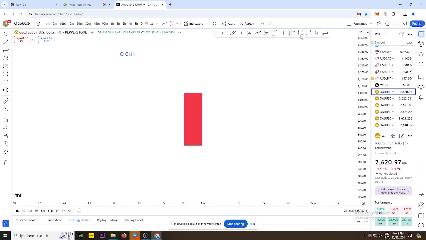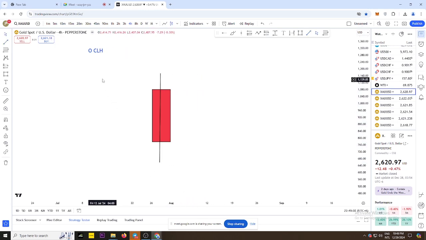Now what did we complete here? We completed open, close, high and low.